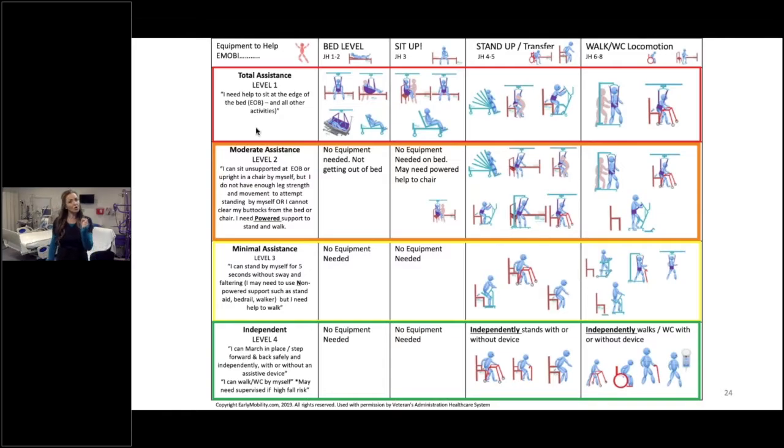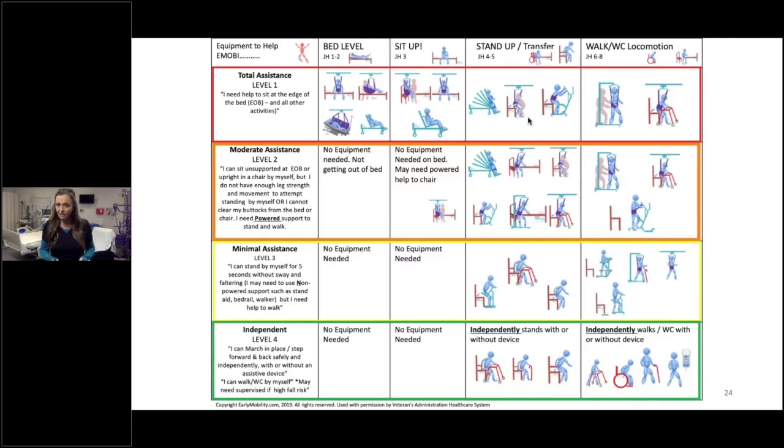So if you've got a patient whose goal is to stand up or to walk, but they are total assistance because they need a little bit of help sitting at the edge of the bed, this tool gives you the tools that you have available to help them achieve the goals safely. That's a really, really important point to take away from this module. The goal is medically what they should be able to do. The screen tells you how much of that they can do independently and how much of it they need physical assistance with.